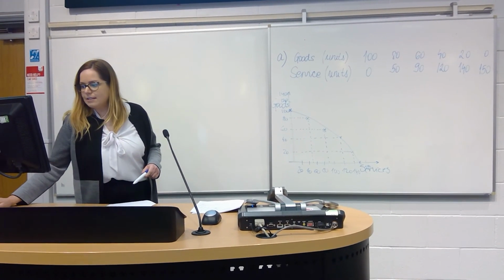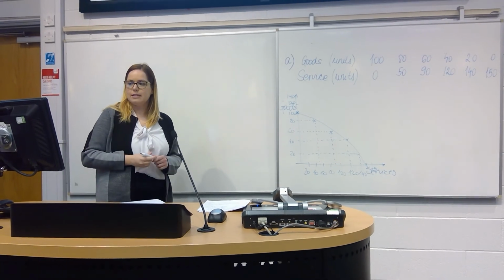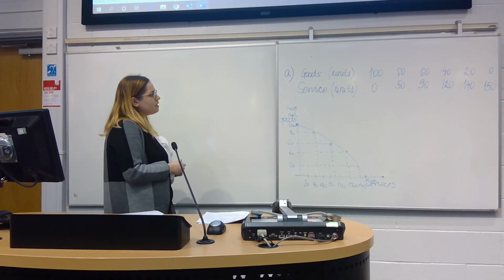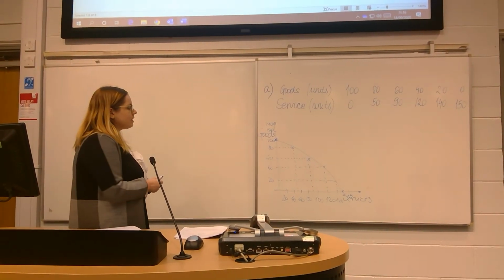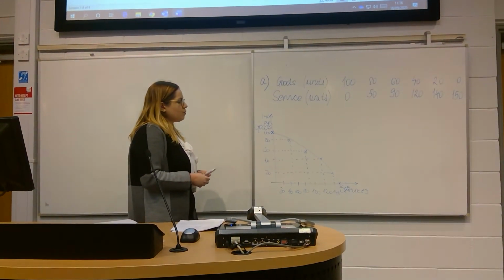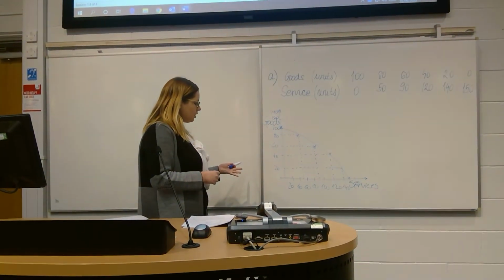So the next question is asking us, is it possible for this country to produce the following combinations of goods? 80 units of goods and 50 units of services. To solve this question, we should consult both our table and our chart.